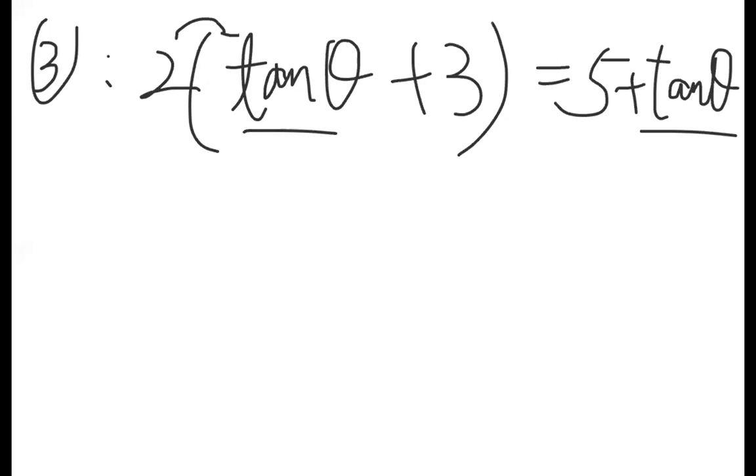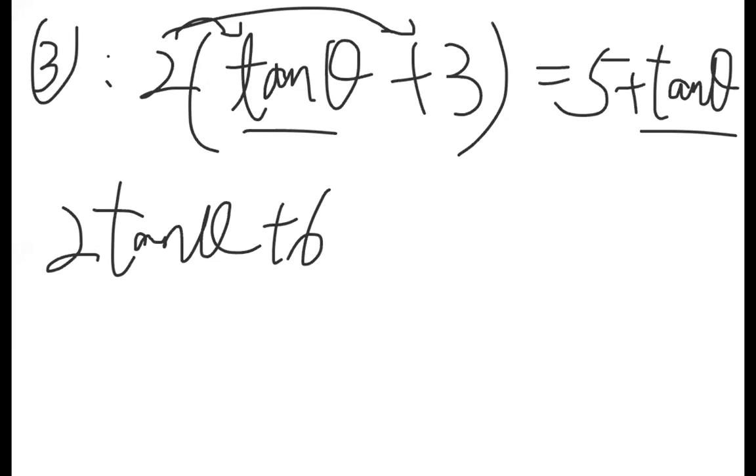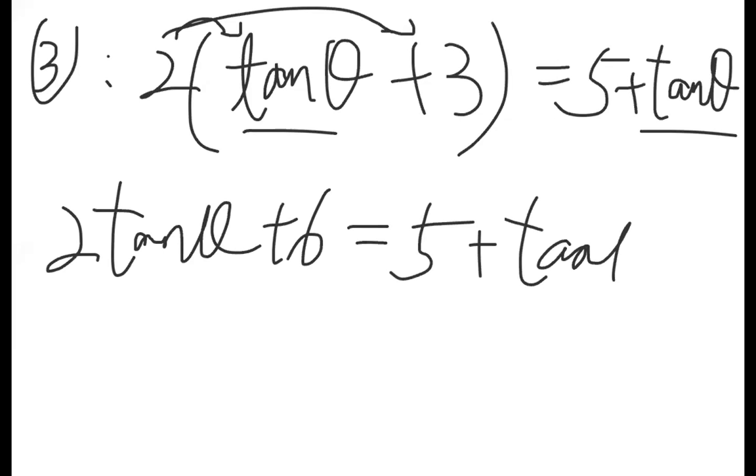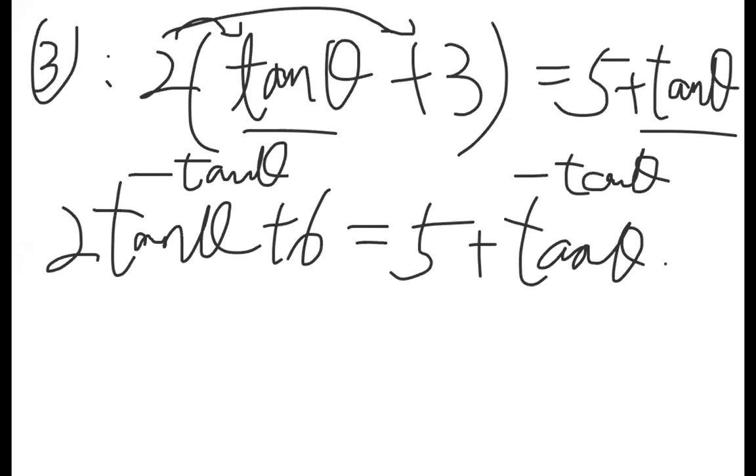Distribute the 2 into the parentheses. You have 2 times tangent theta plus 6 equals 5 plus tangent theta. Then you subtract tangent theta on both sides of the equation, followed by subtracting 6 on both sides.